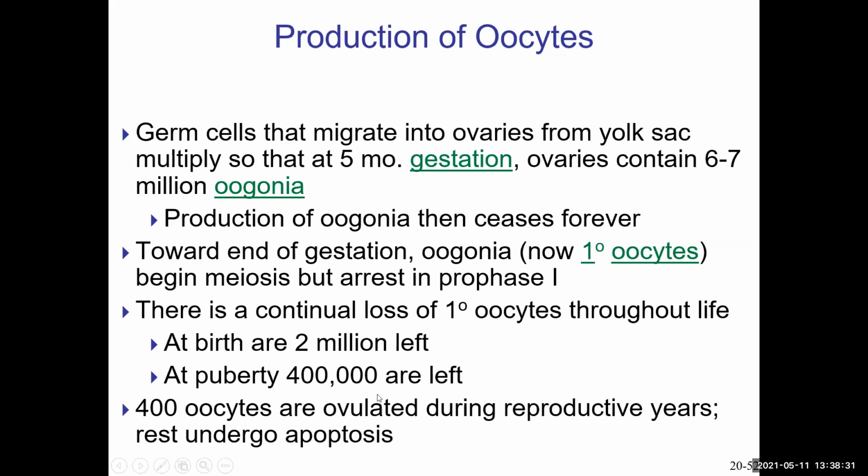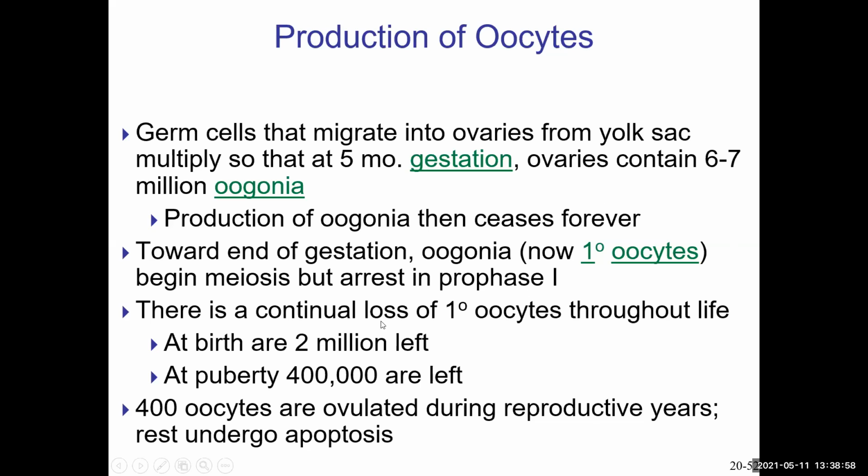From there, there is continual loss of primary oocytes throughout life. You start with 6 to 7 million, but you are losing them all the time, by the process of apoptosis. Apoptosis means self-caused death of the cells. Due to apoptosis, at birth there are only 2 million left.